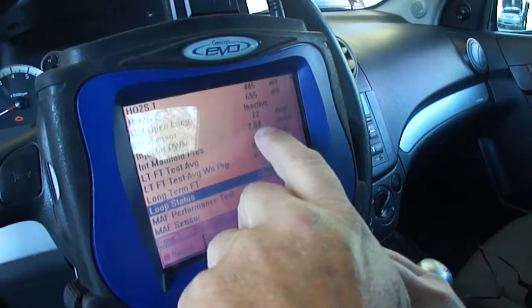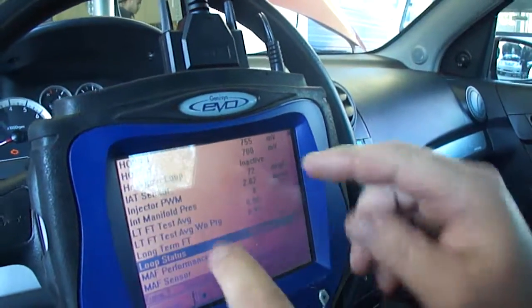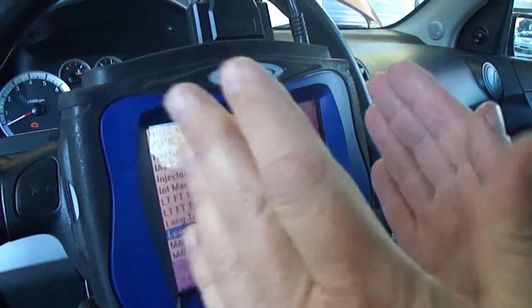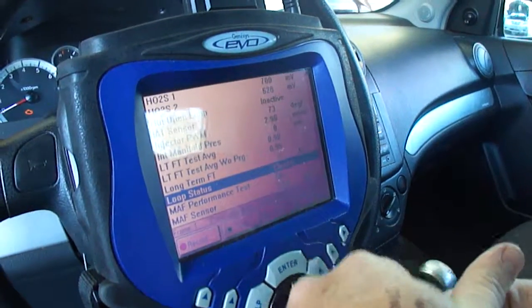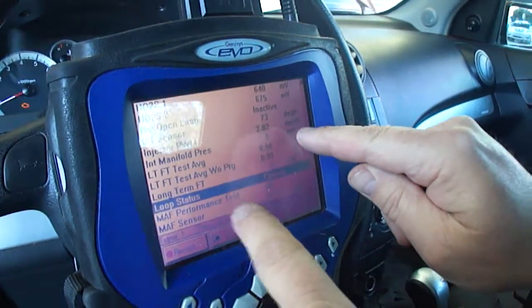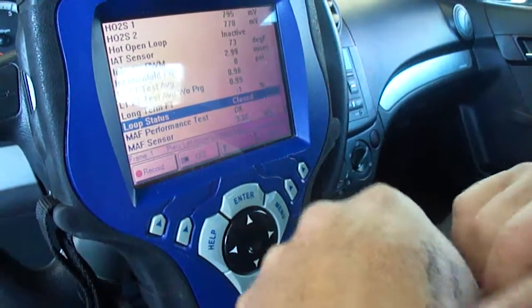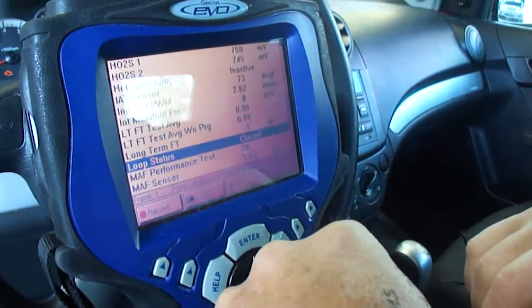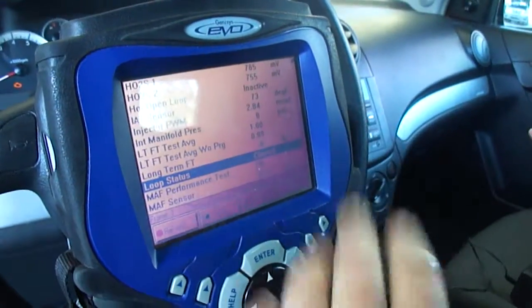We're seeing 2.82 or 2.81 milliseconds, and that's basically telling us how long our fuel injectors are staying open and spraying fuel into our engine. Also, the fuel injectors work on something called pulse width modulation.